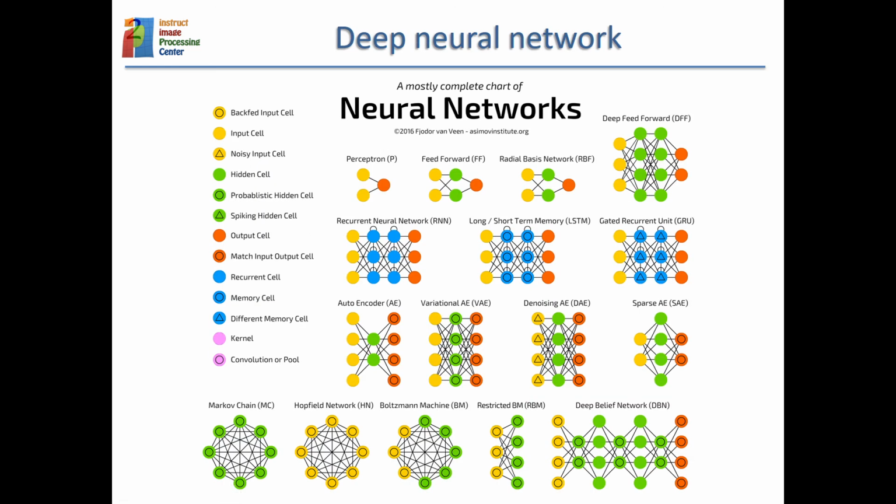And you can be very creative about the way that you construct your network. So you can make the neurons be connected to each other in many different ways. We have just seen the multi-layer feed-forward network. And you also have different kinds of neurons.